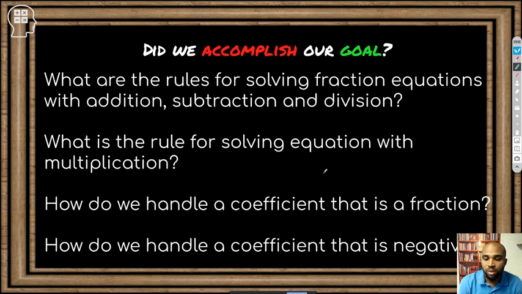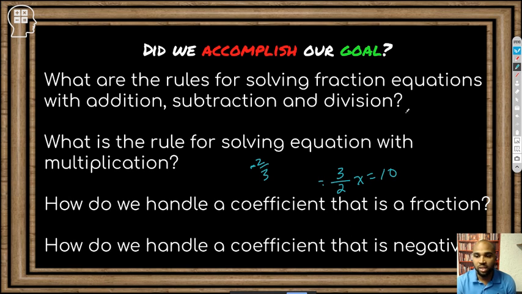So if we have negative 3 over 2 x equals 10, we're just going to take the reciprocal. So whatever the reciprocal is, which is in this case negative 2/3, and we're going to keep that same sign that it has. How do we handle a coefficient that's negative?